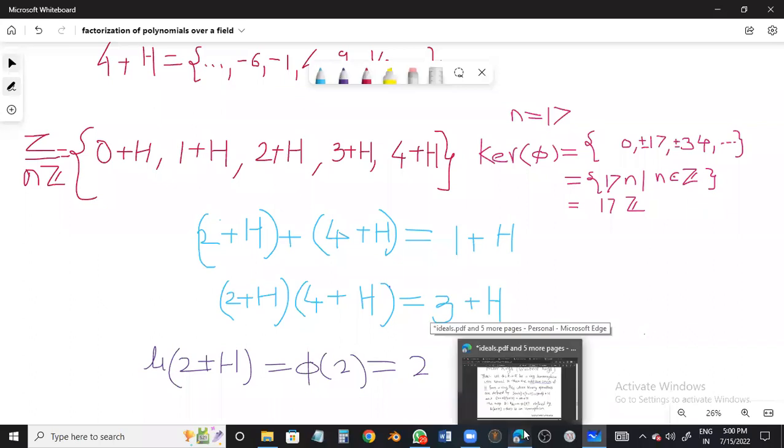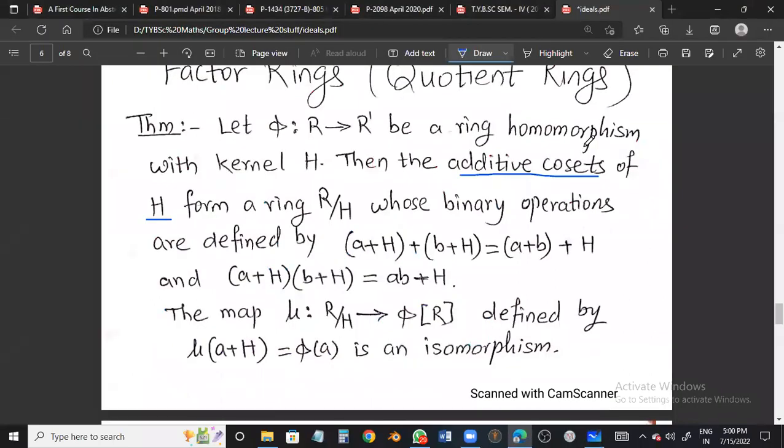So let us be back to our document. What does this document tell you? Again, let us see: the additive cosets of H form a ring R by H whose binary operations are defined by A plus H plus B plus H equal to A plus B plus H, and A plus H times B plus H will be A times B plus H. So with these operations this R by H forms a ring.